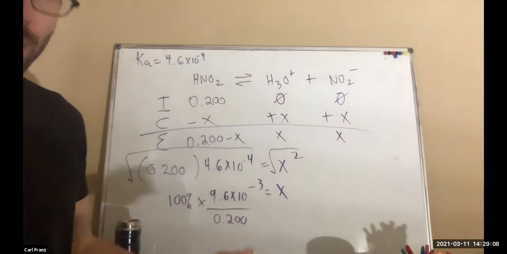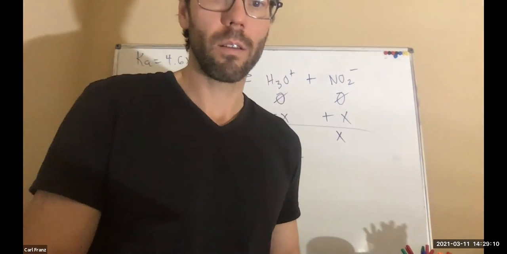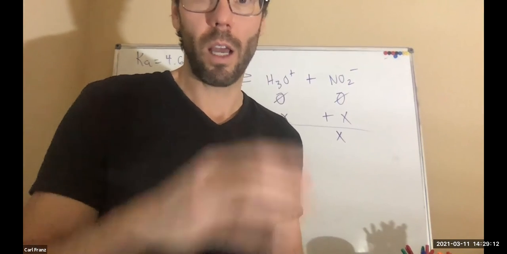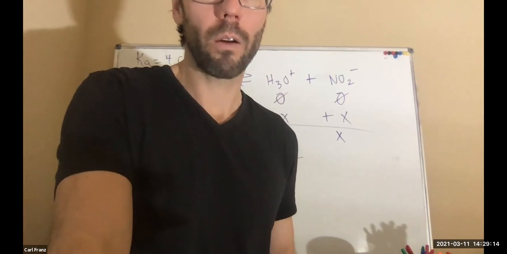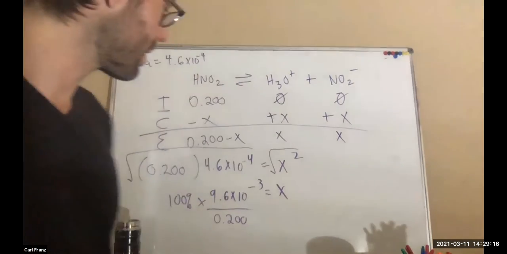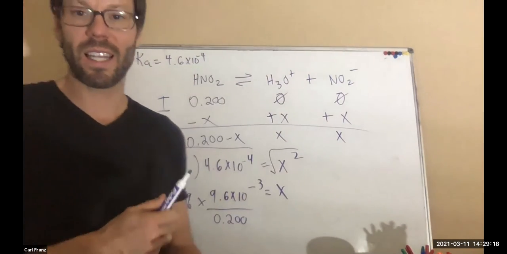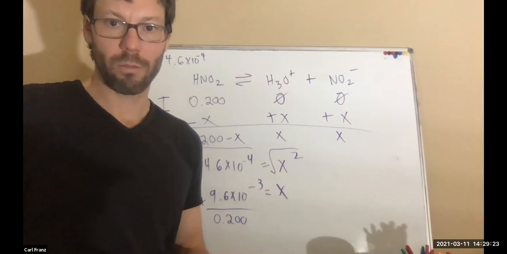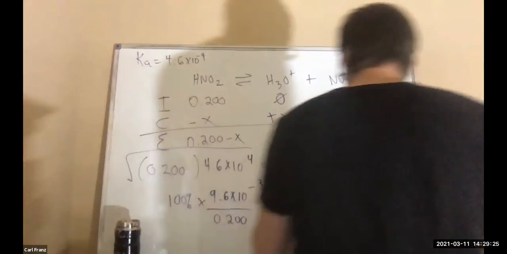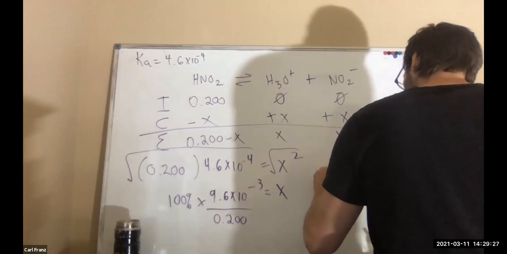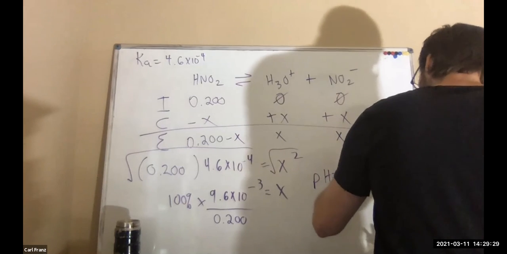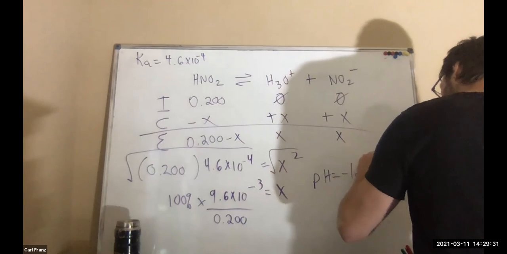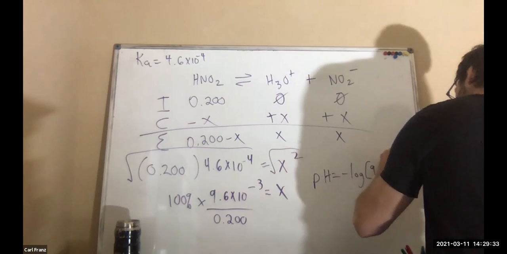So if that's the case, what are they asking for in this problem again? They're asking for pH. Okay. So what that means is 9.6 times 10 to the negative 3 is our hydronium ion concentration. So the pH would be the negative log of that, 9.6 times 10 to the negative 3.